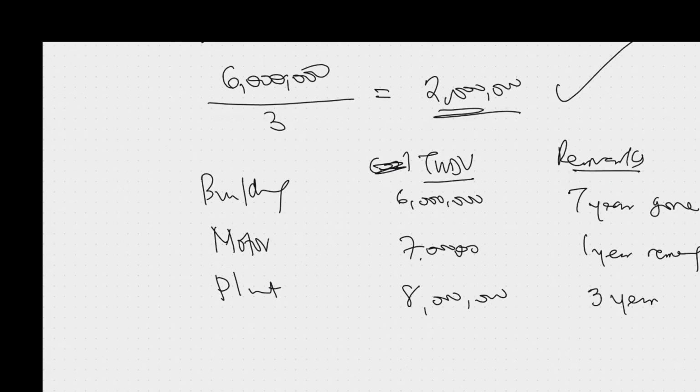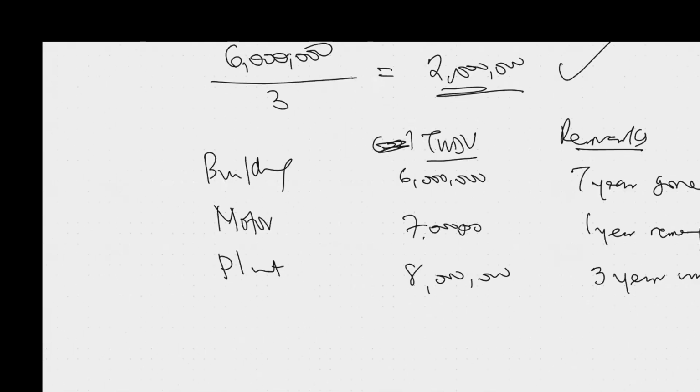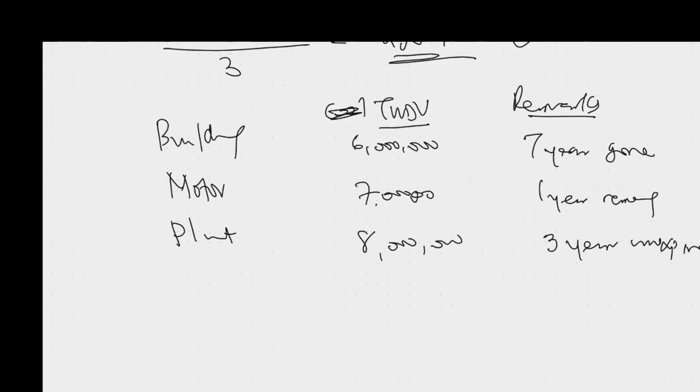If they ask you to calculate the annual allowance, all you need to do is to just look at them critically. The first one, they said 7 years gone. That means 3 years will be remaining. So my annual allowance for building will be 6 million divided by 3. I'll get 2 million.